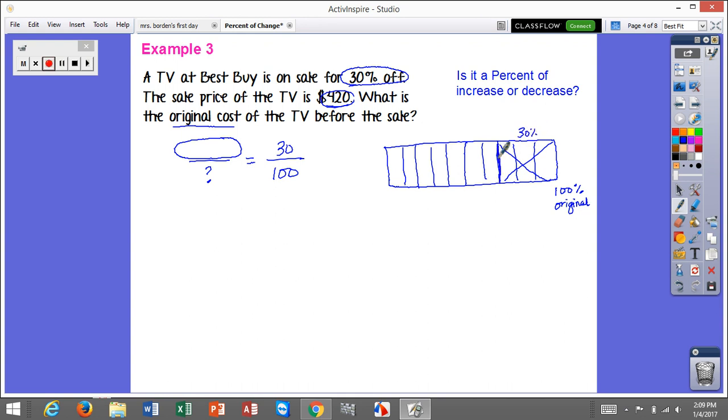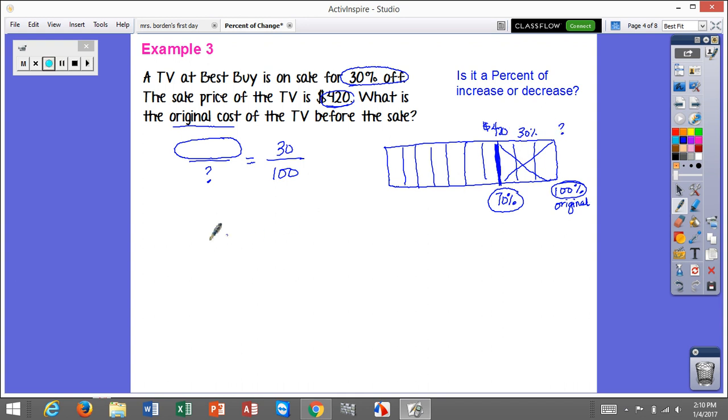That means that if we pay $420 for the TV, that we have paid 70% of the price of the TV. If the original price is worth 100%, and we don't know that original price, but we know that if we take the 30% off, then that gives us 70% of the price, and 70% of the price would be $420, then we can use that 70% now and the 420 to solve for the missing piece.